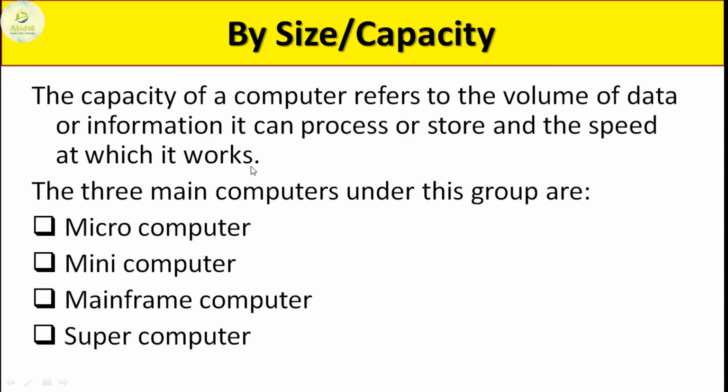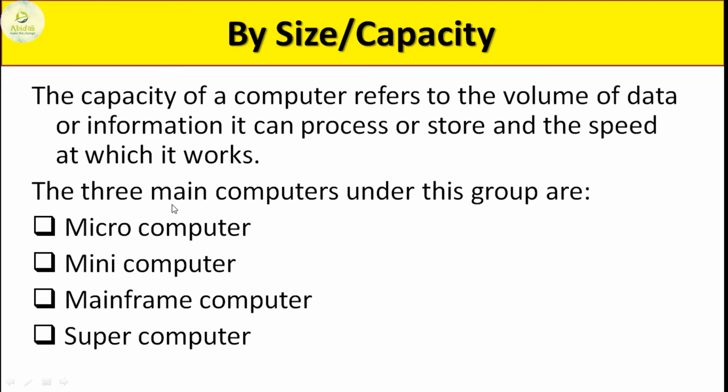We are measuring on three things: volume, storage, and speed. Whatever you have, there are three different measuring units here: size and capacity.